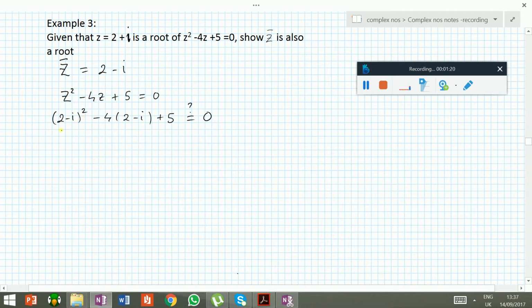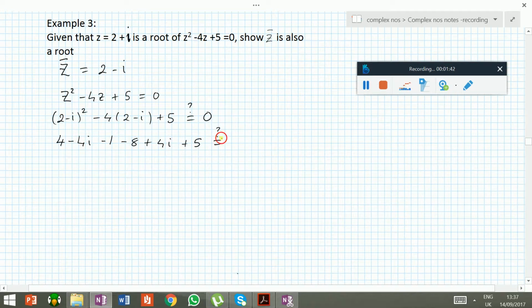Okay, so we square this. The first to be squared is a 4. The second to be squared is i squared, which is minus 1. Minus twice their product will give you 4i in the middle. Minus 4 times 2 is minus 8. Minus 4 times minus i is a plus 4i, plus 5.